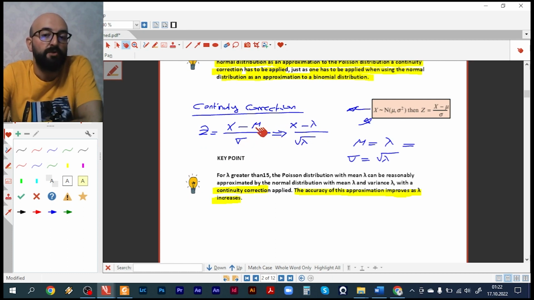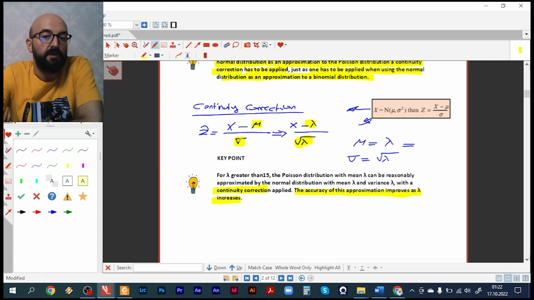But in the Poisson distribution, mu means lambda, and the standard deviation means the square root of lambda, because variance and lambda are the same value in the Poisson distribution.